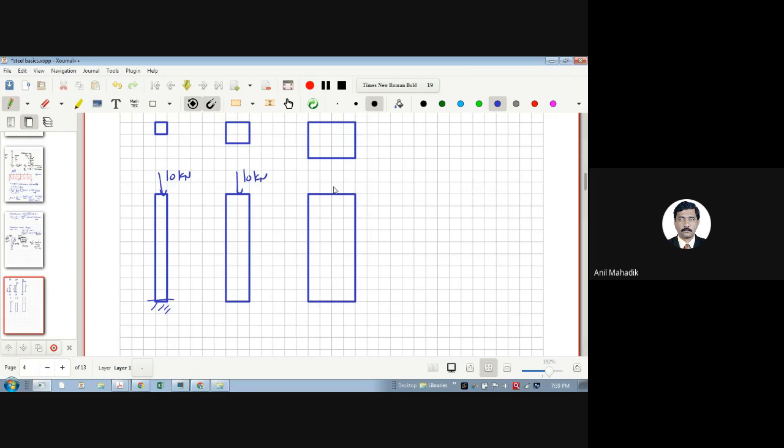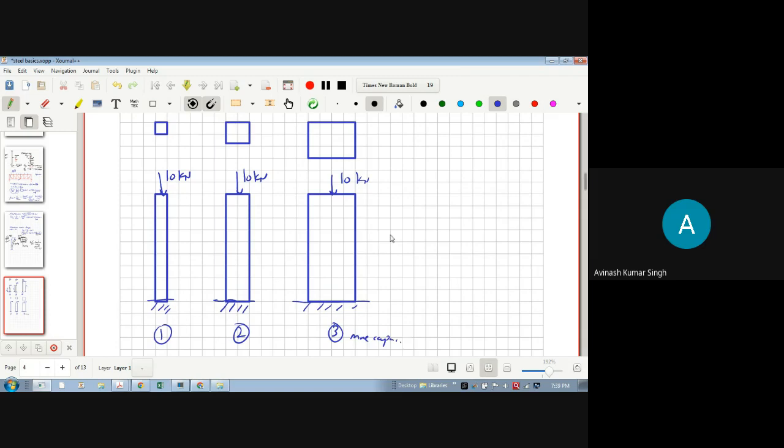Force is same on all the columns. As it is a compression, we can call it a column member. Column is generally a compression member. So forces are same, but the cross-sectional area is more in the third case. Tell me which column has more capacity. Third one. So this will have more capacity.